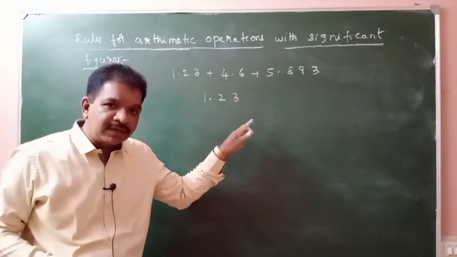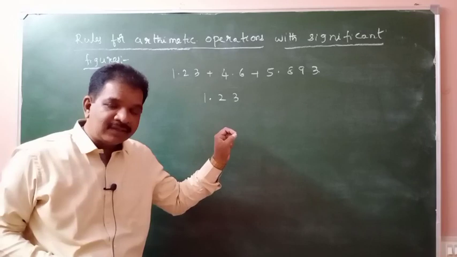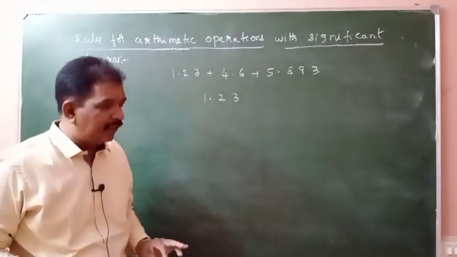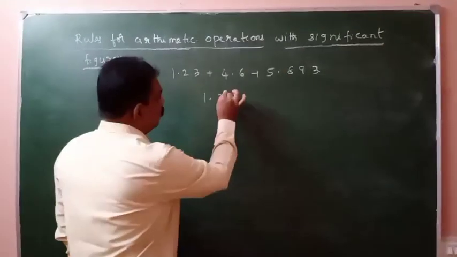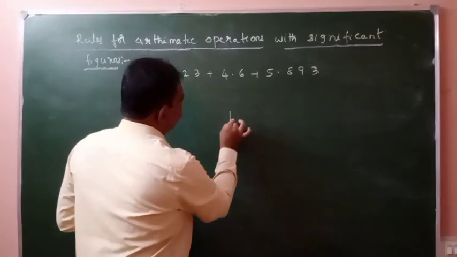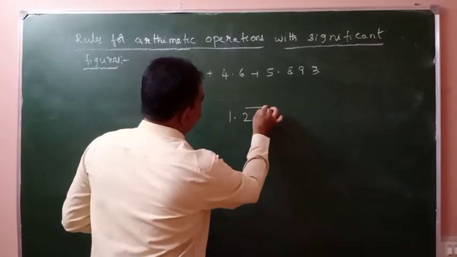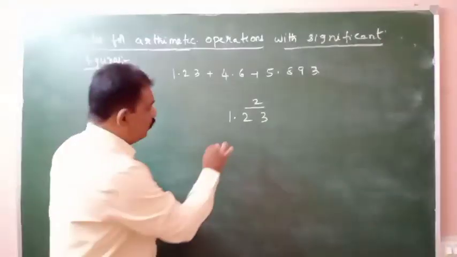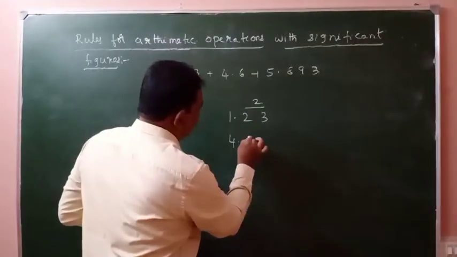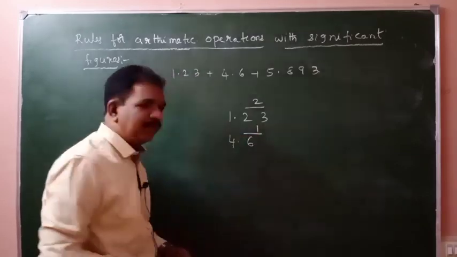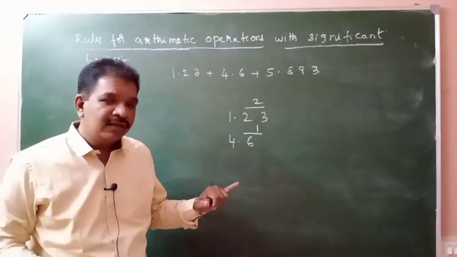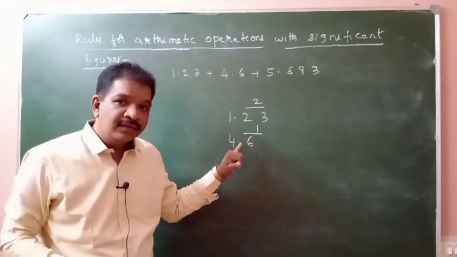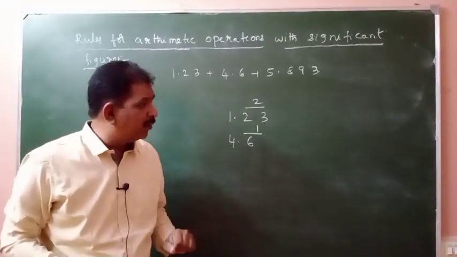You have to check in addition or in subtraction. Same. We'll write here 1.23. It will have 2 significant figures. 4.6. After decimal point, how many significant figures are there? 1. Not total, just after the decimal point.